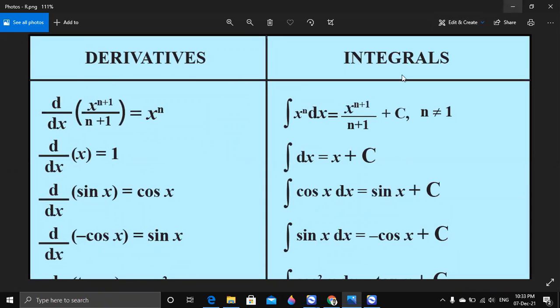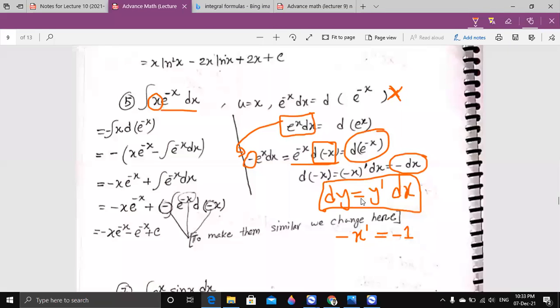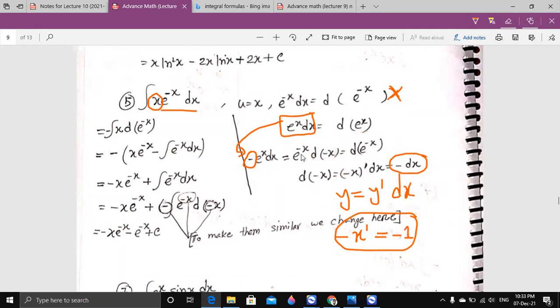So d/dx of minus x will be minus 1. Guys, do you remember? So that's why we get the final result, minus dx.